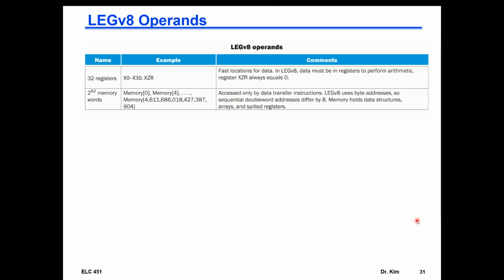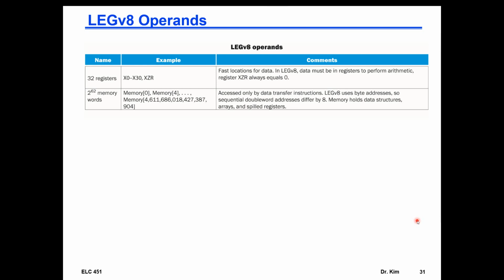Now, the other thing, and this is part of the ISA specification, is how the memory gets addressed. We are addressing with 62 bits, but we are addressing bytes. So the memory is recognized as an array of bytes, and words are going to take a number of bytes.